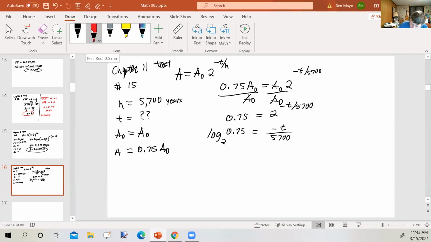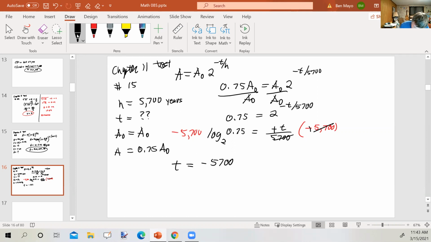Now, to solve for t, I'm going to multiply by negative 5,700 on both sides of the equation. On the right side, the 5,700s reduce out, and negative times negative is positive. So I get t equals negative 5,700 times the log base 2 of 0.75.